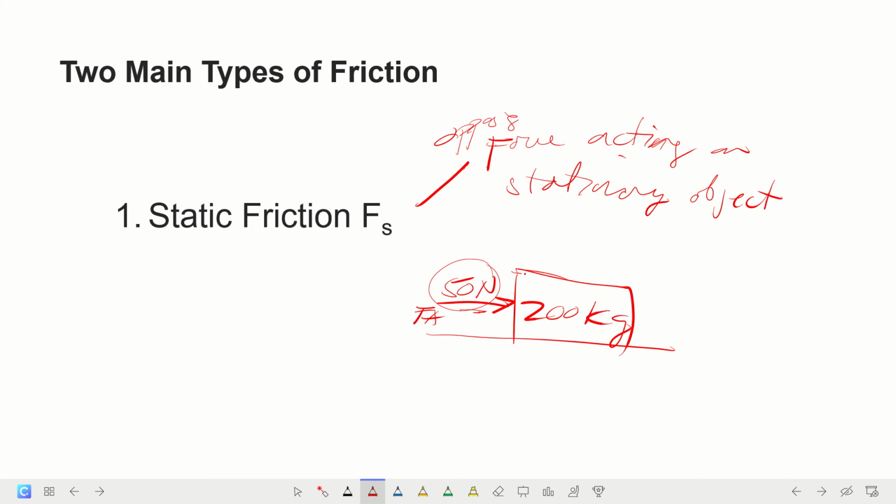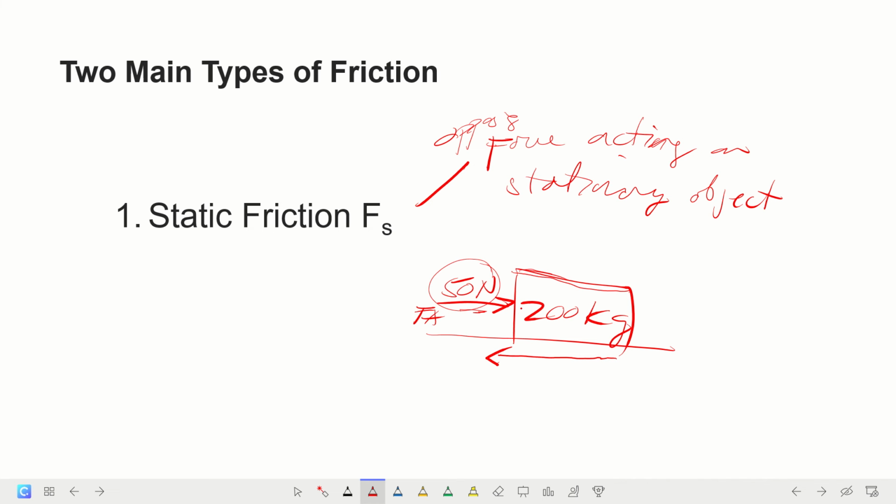So although our object did not move, we still have static friction, and that is the reason why we won't be able to move this object when the force we apply is weaker. Therefore, in order to move an object, we need to overcome the static friction. If this is the direction of our applied force, the static friction will be directed towards this direction.